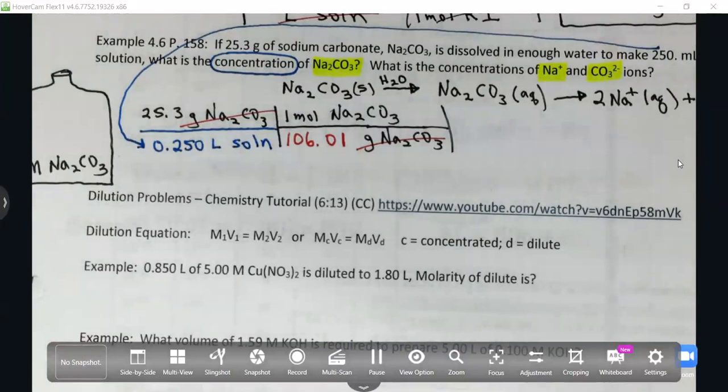Right? Moles over liters doesn't have to look pretty. We get 0.955. We round it to 3 sig figs, 0.955.